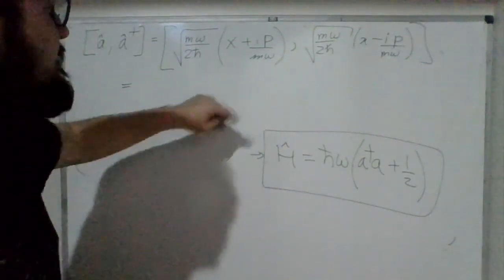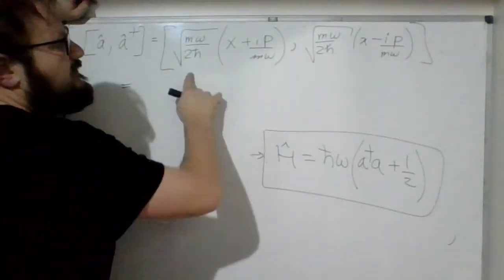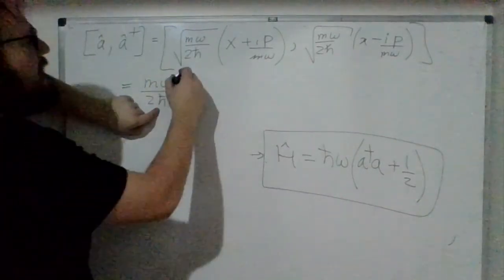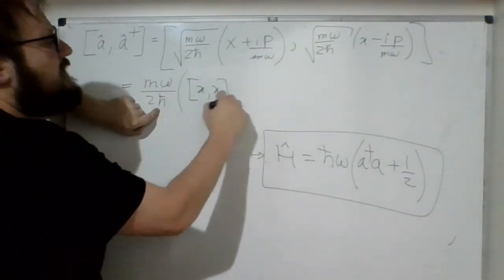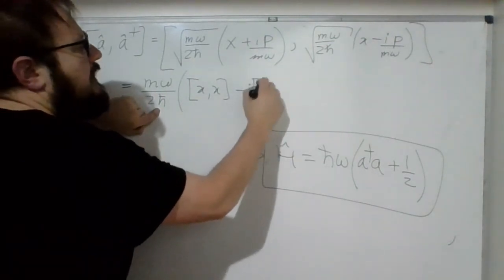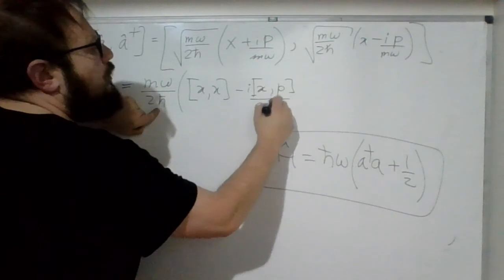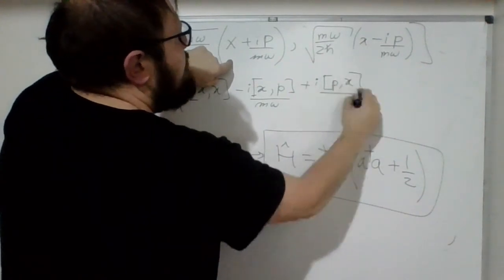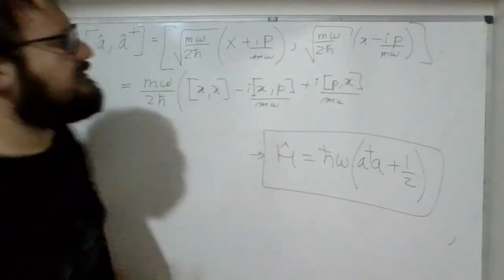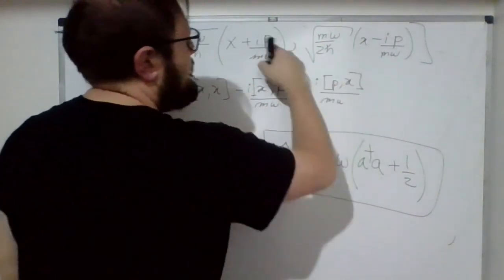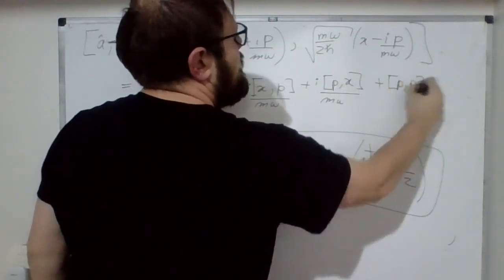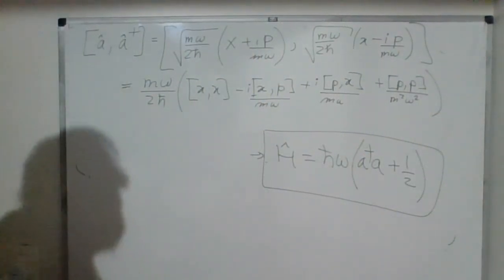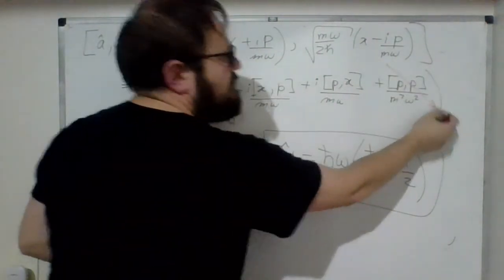some quantities here. Both terms have this factor which gets squared, so m omega divided by twice the h bar, and you will find out four commutators: x with x, minus i x with p divided by m omega, plus i commutator of p with x divided by m omega, and plus momentum commutated with itself, and you get the squared factor there, but that doesn't matter because this is zero, that is also zero.